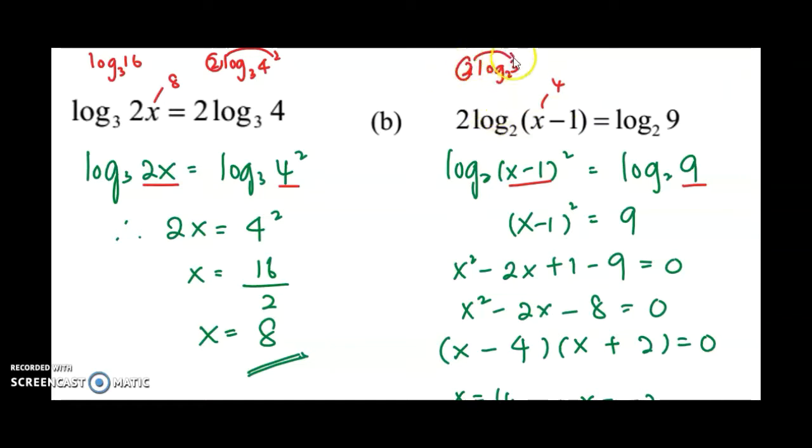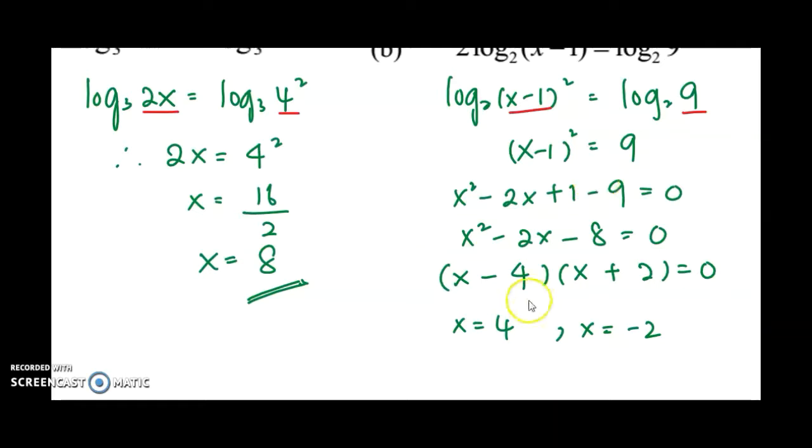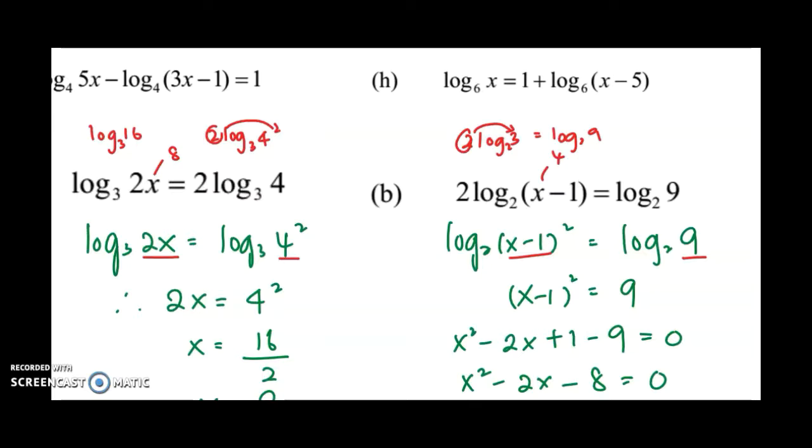Bringing the 2 here, you will have log 9. So log 9 to the base of 2 at the left hand side is equal to log 9 to the base of 2 at the right hand side. Then we can say that we are going to accept this as our answer. Okay, trying to check for x equals -2. Alright, I erase this off.